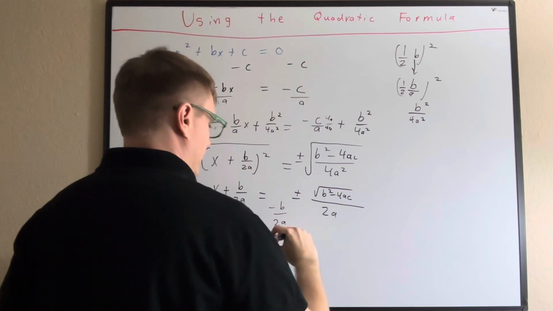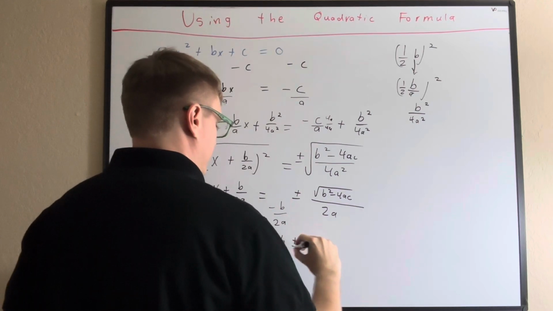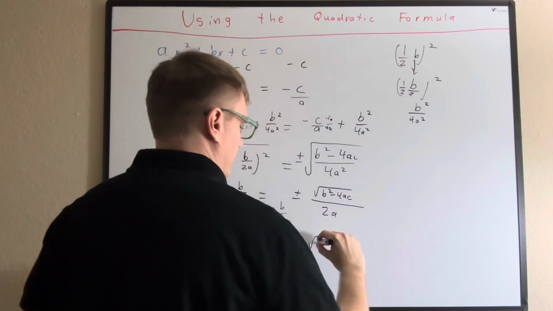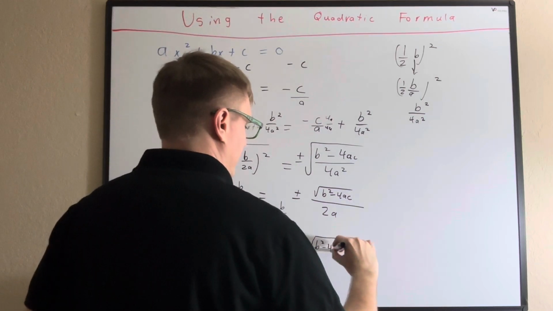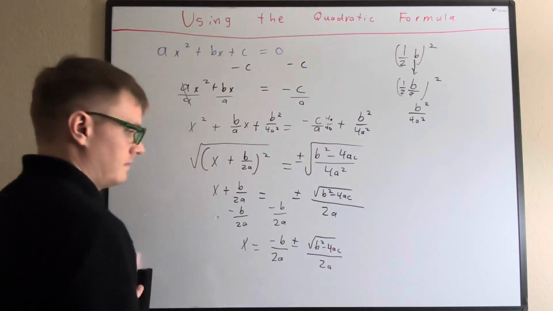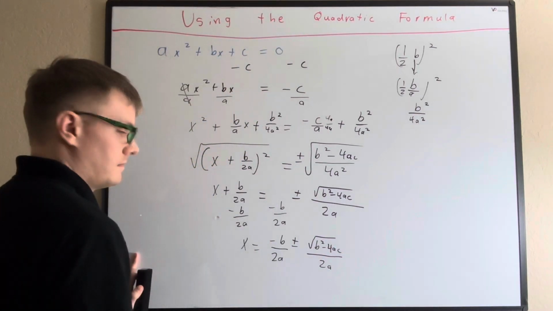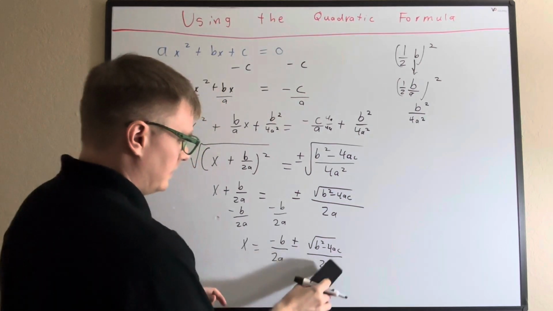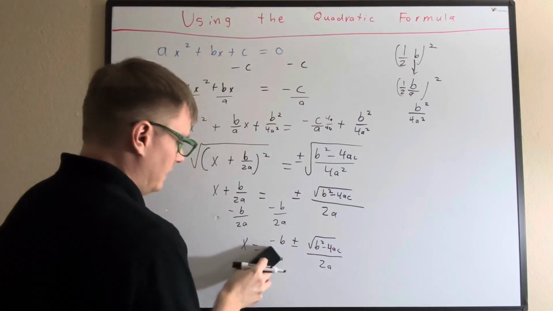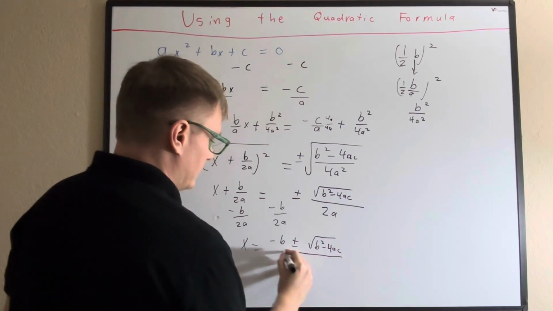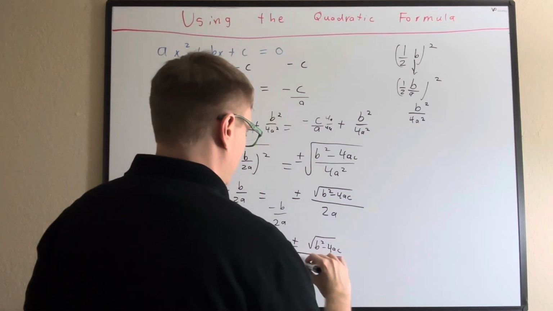And what are we left with? Negative B over 2A, really, plus or minus the square root of B squared minus 4AC over 2A. And since they're both over 2A and they have a common denominator, we can just say the whole thing is a fraction all over 2A.